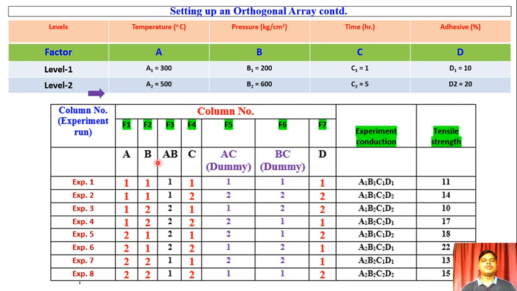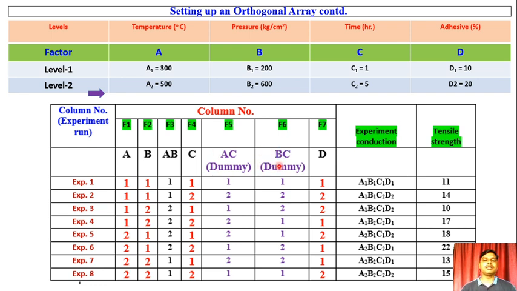Factor 1 is A, factor 2 is B, factor 3 is AB, the interaction between A and B, and factor 4 is C, factor 5 is AC, the interaction between A and C, then the interaction between B and C, and this is the independent factor D. So we have 4 parameters here, A, B, C and D, and 3 interactions AB, AC and BC.